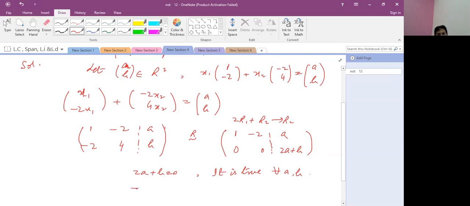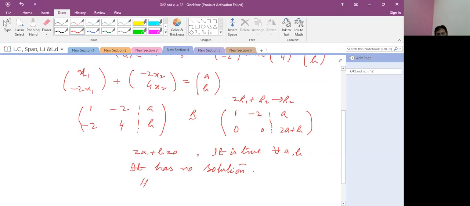It means it has no solution according to the given condition. Hence the vectors do not span R2.